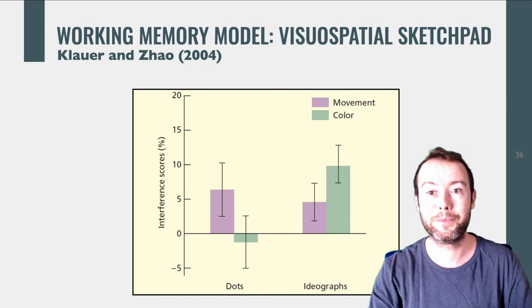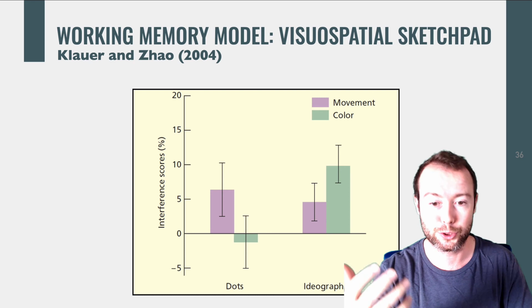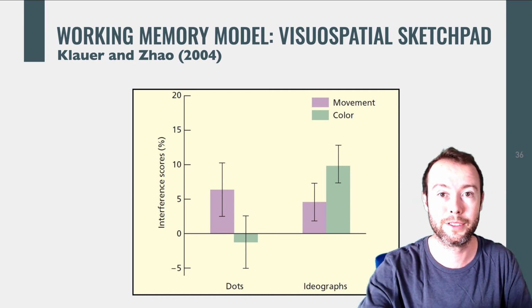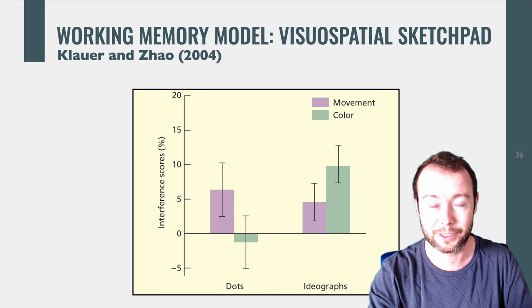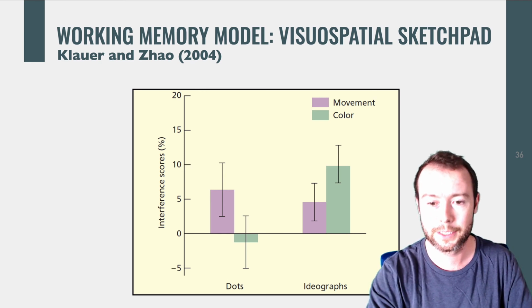Again, this was impaired most when the secondary task was also spatial based. This purple bar on the left hand side shows that you get the most interference, the worst performance, when the secondary task is the movement, as opposed to the color discrimination, which doesn't really affect your performance on the task.